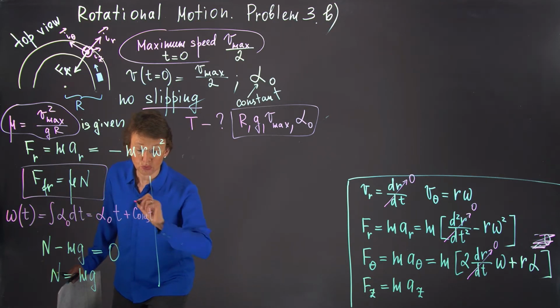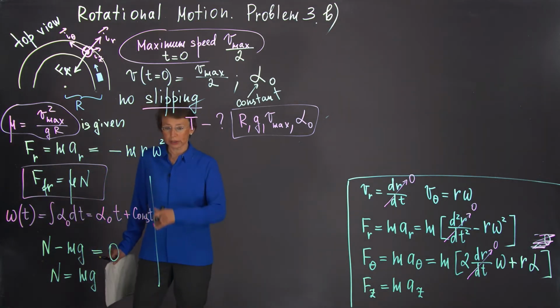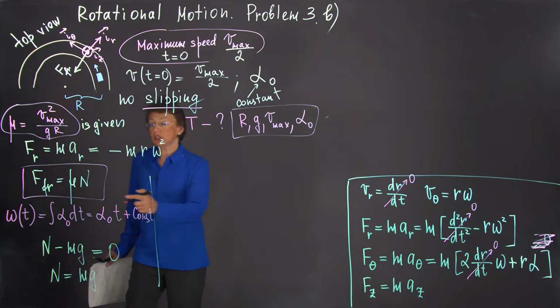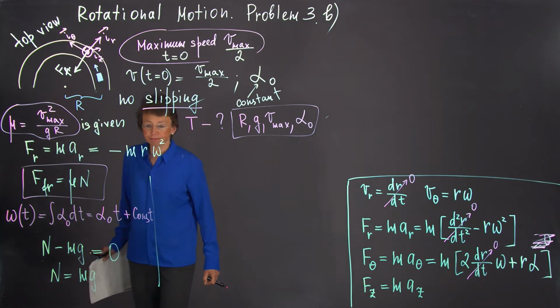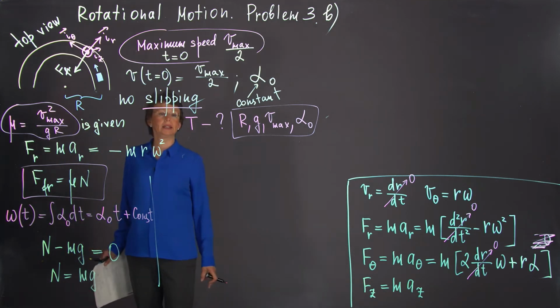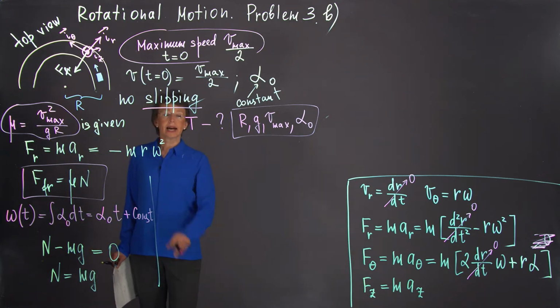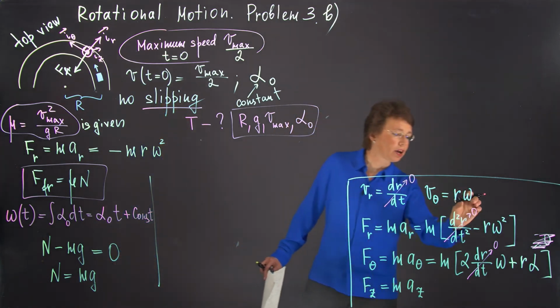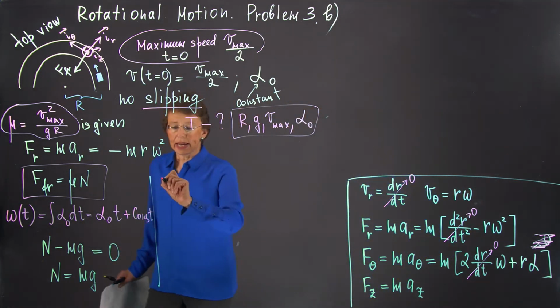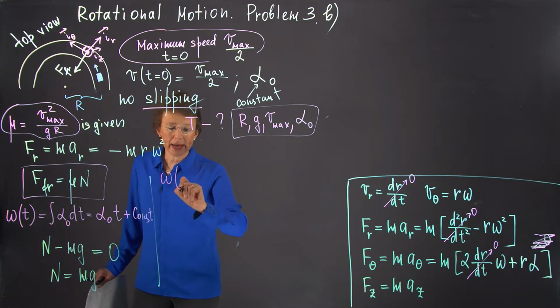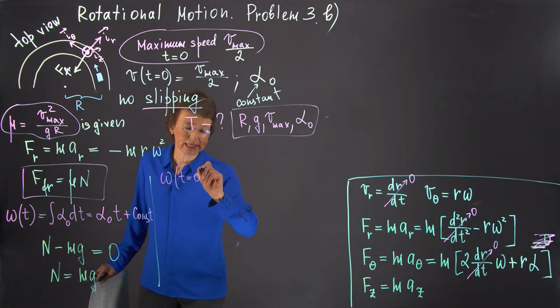I need to find this constant. What is this constant? It is omega at time moment 0. What is omega at time moment 0? Omega from this formula is v theta over r, and I will write omega at time moment 0.